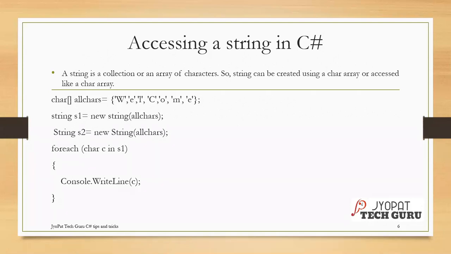So string s1 equal to new string of the character array. String s2 equal to new capital String of the character array. So how to access this? Using the foreach loop, you have character c in s1. Each and every character is getting extracted. You can observe that we are declaring a character array here, which is going to store all the characters. So there is no limitation. However many characters you want, you can keep on storing in that.